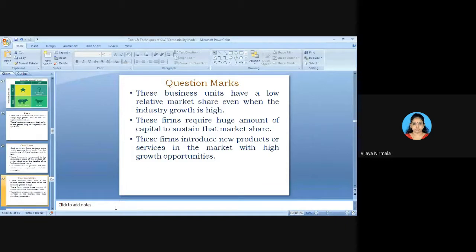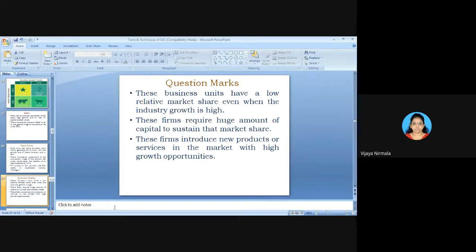If they feel that they can gain relative market share, then they can invest more for future plans, that is, for expansion. Retrenchment strategies would also be appropriate in this phase. Retrenchment strategies are also applicable to question marks.